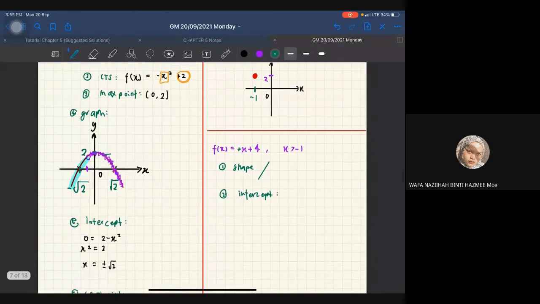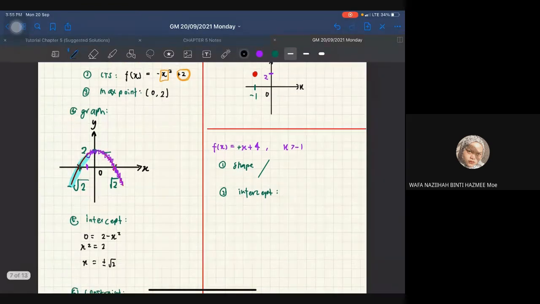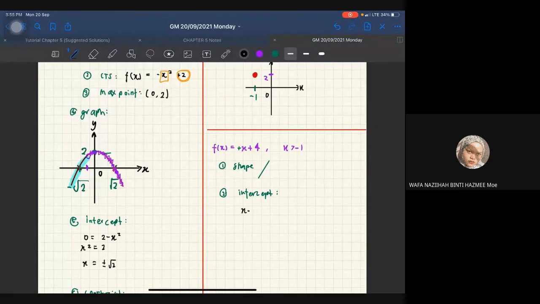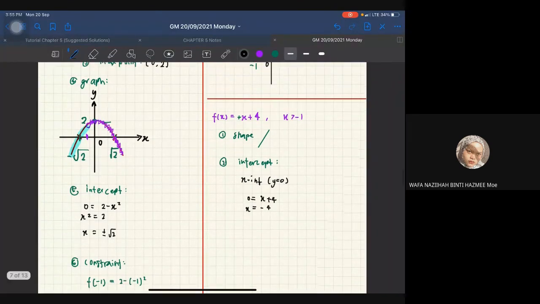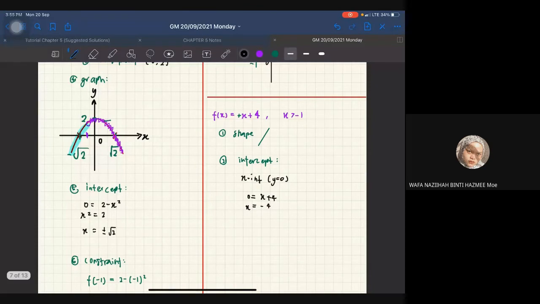Okay, so untuk intercept, untuk x-intercept, y dia mesti kosong. Okay, y equal to 0. So awak akan dapat 0 equal to x plus 4, which is equal to negative 4. X awak adalah negative 4. Okay, so itu adalah awak punya x-intercept. And then for y-intercept, kita akan ambil nombor yang belakang yang tak ada x tu, which is y equal to 4. Macam tu saja.